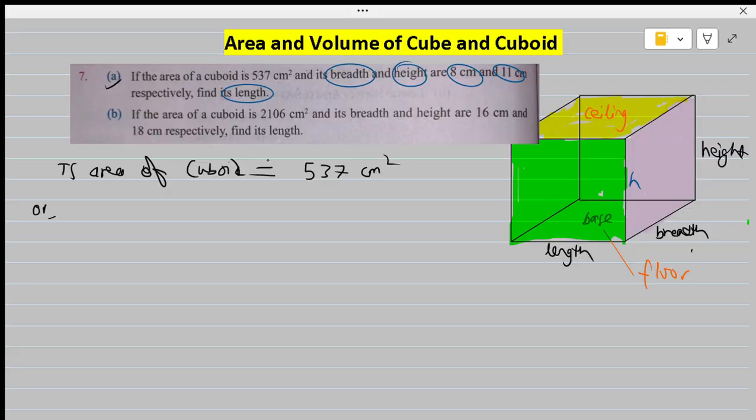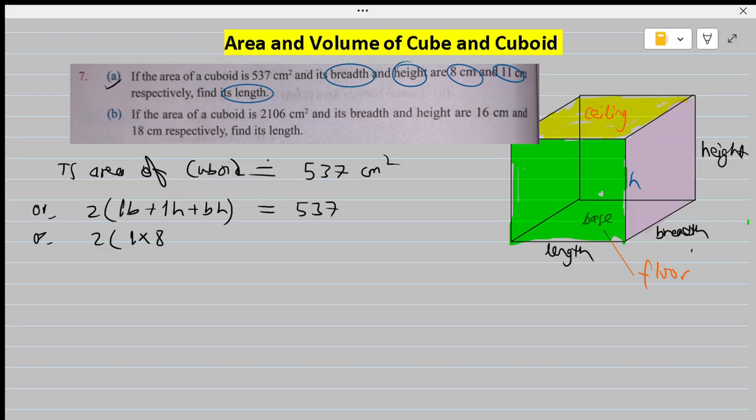So let's keep this formula. The total surface area of a cuboid is 2 times (LB plus LH plus BH), let's keep that, equal to 537 here. And then now keep the values. So breadth and height are given, length is not given.